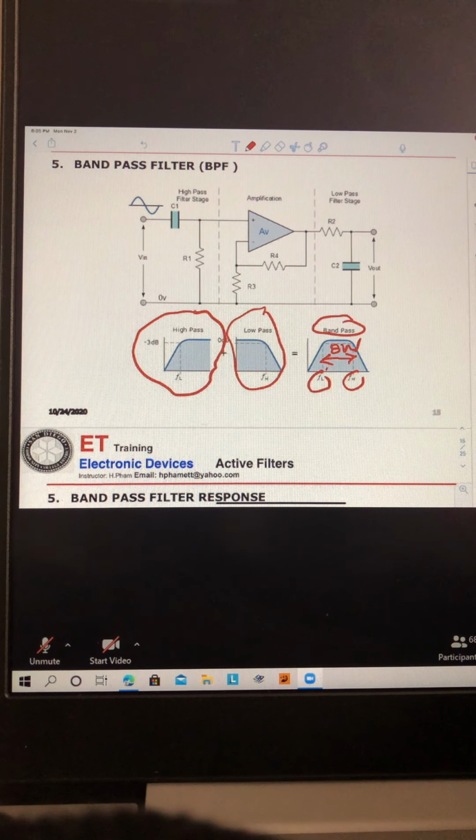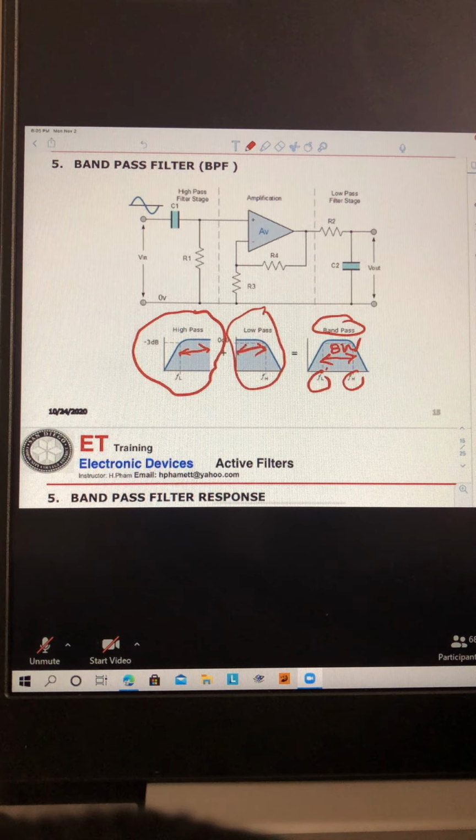Mr. Pham, I have a question. Do the high pass and low pass also have a bandwidth, right? Yeah, the bandwidth for the high pass and the low pass, they are shown right here. This is the bandwidth for the high pass, and this is the bandwidth for the low pass. Right.